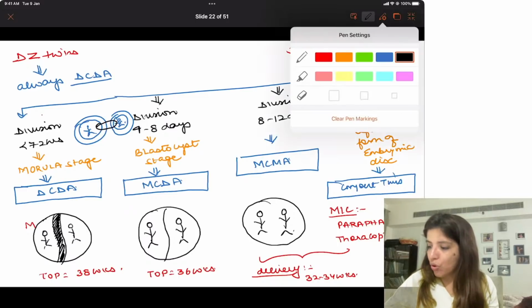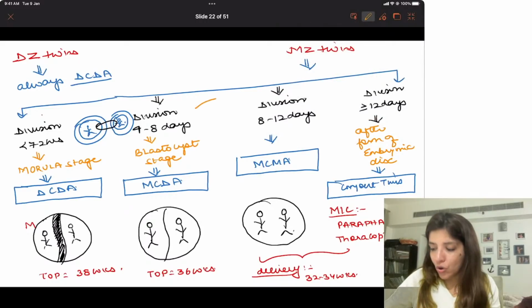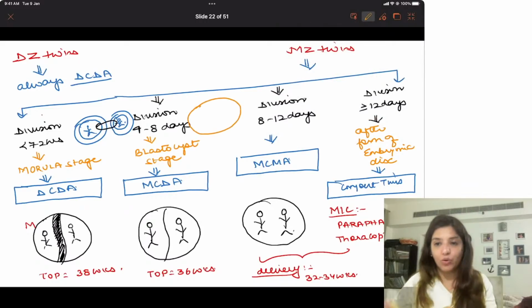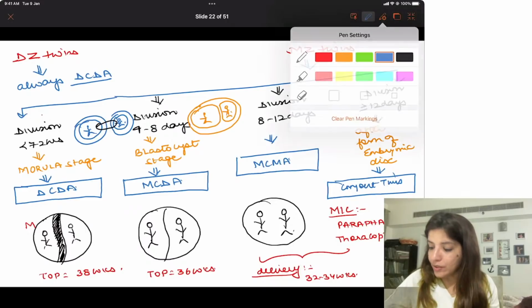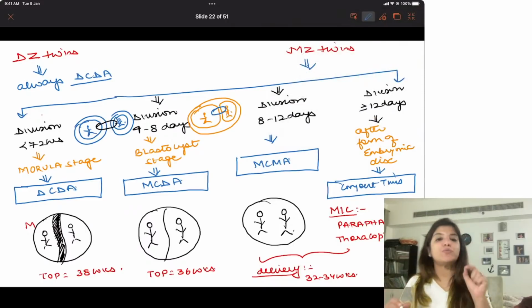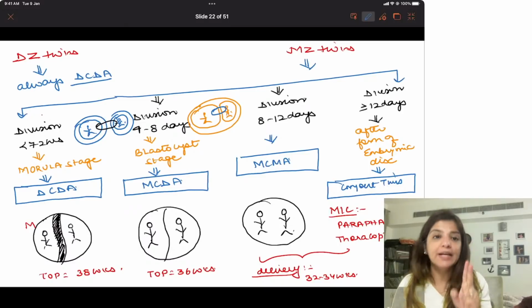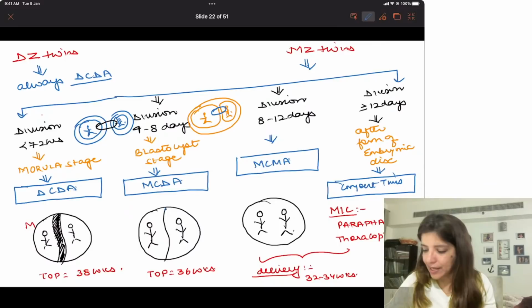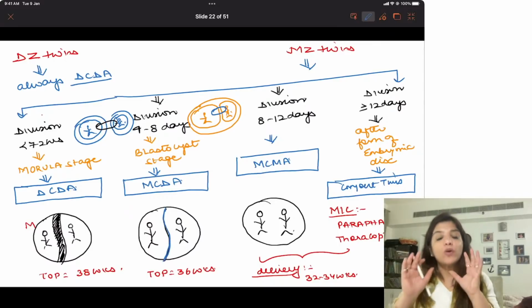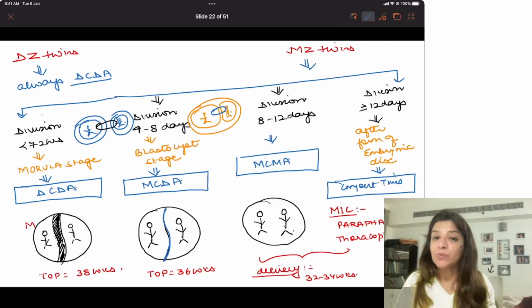If I have to draw monochorionic, that means single chorion, and now each twin has their own amnion and we have the twin in between like this. Now the number of layers of membranes which separate the twins is just 2. That means a thin layer will be present. If I draw a layer, you will get a thin layer between the 2 twins. So if you are getting a thick layer between 2 twins, it means dichorionic.